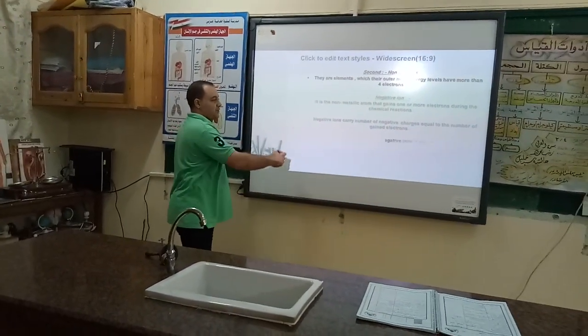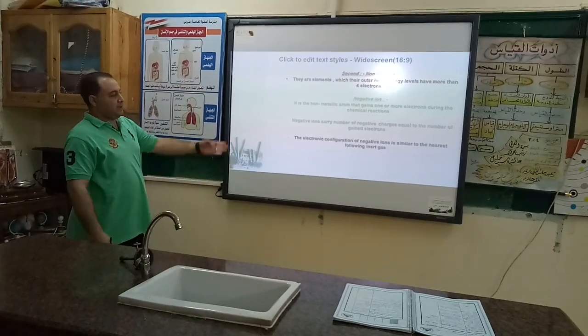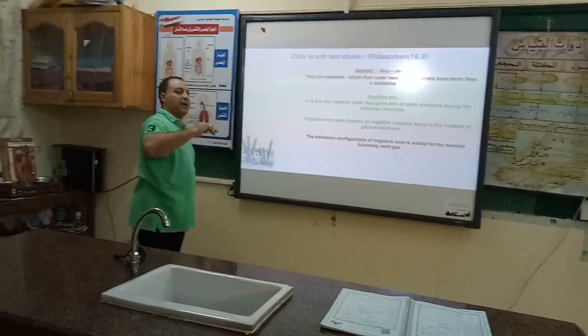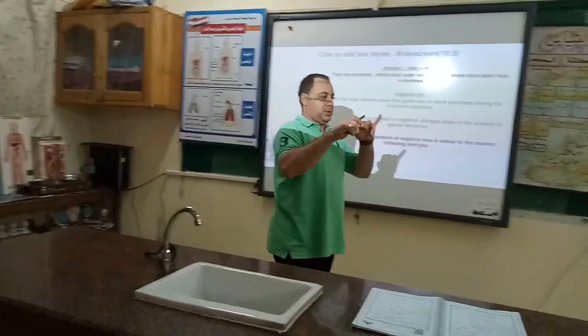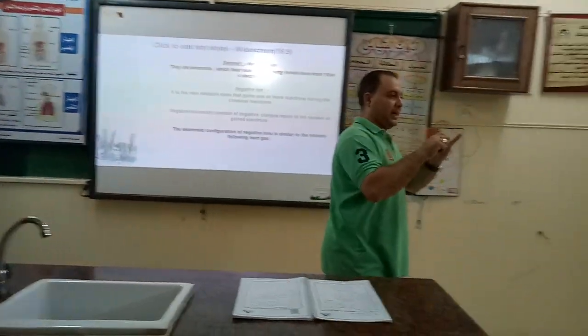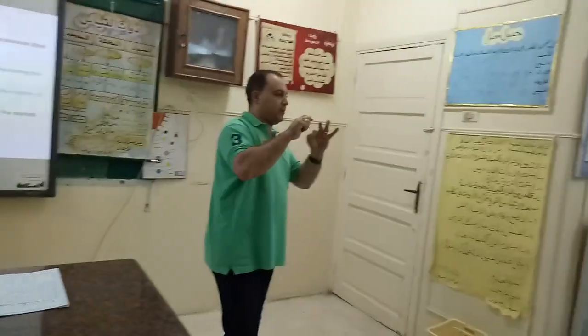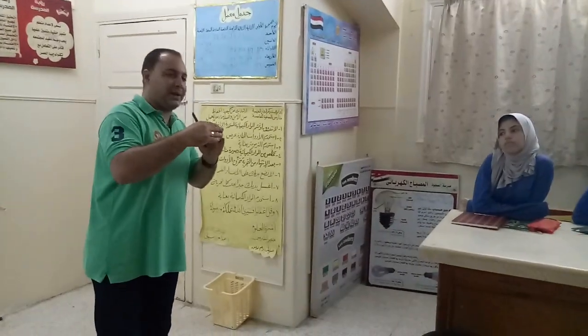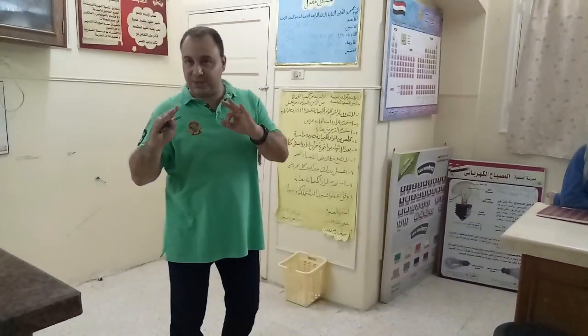Okay? After that, the electronic configuration of a negative ion is similar to the nearest following noble gas, as oxygen 8, nitrogen 7, and fluorine 9 become like the nearest following noble gas, which is neon.